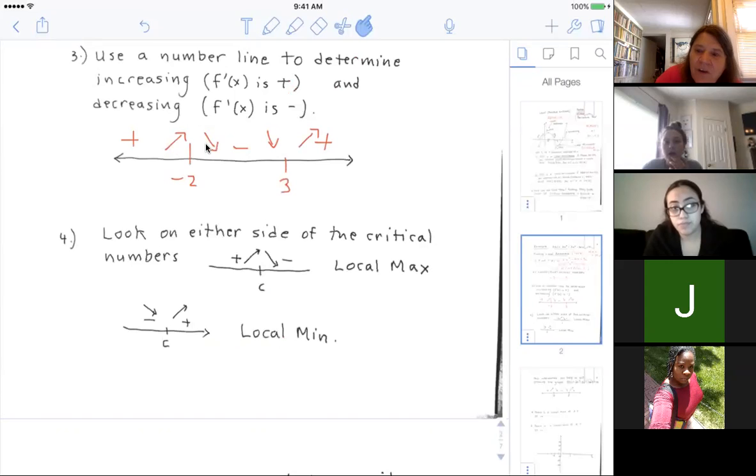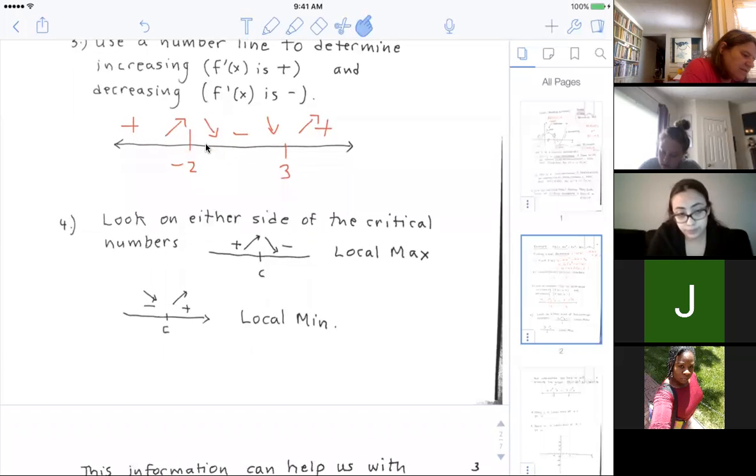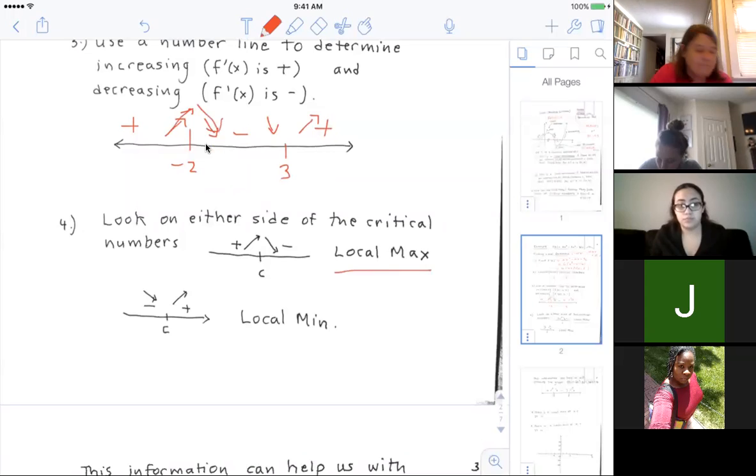Is that a high point or a low point? It's a high point, isn't it? It's going up and then coming back down. That's got to be a high point. So if you have positive derivatives on the left and negative on the right, you're going to have a local max. And I'll show you how to say it in a minute.